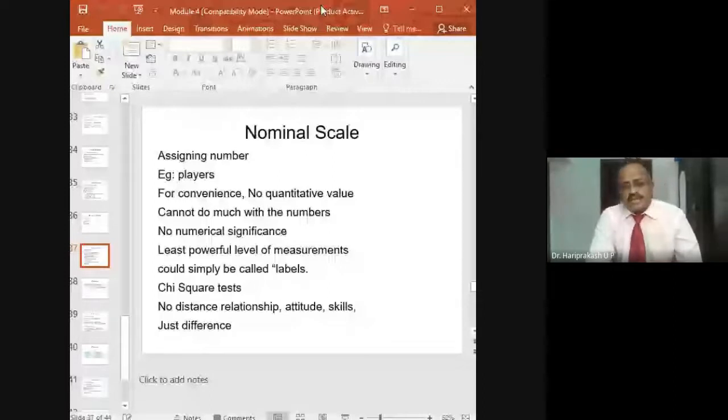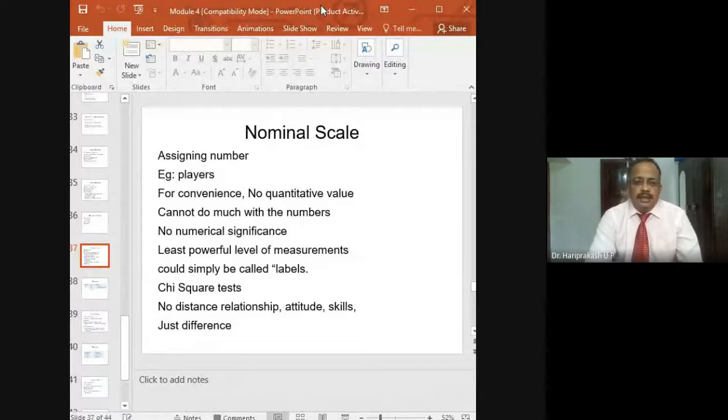For such type of data, in the data analysis, we will have to use certain statistical tests. Suppose the data collected for your hypothesis is on a nominal scale, then you will have to use a test called the chi-square test to test the hypothesis.